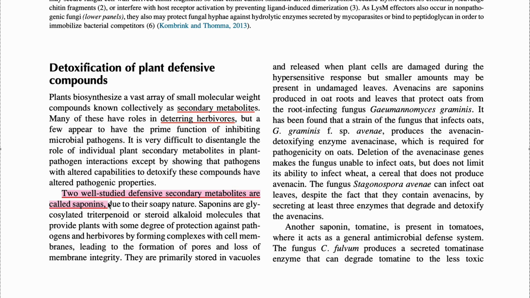One is saponins, due to their soapy nature. Saponins are the secondary metabolite we see in vegetable plants normally. Along with saponin, there is tomatin, which is present in tomatoes.